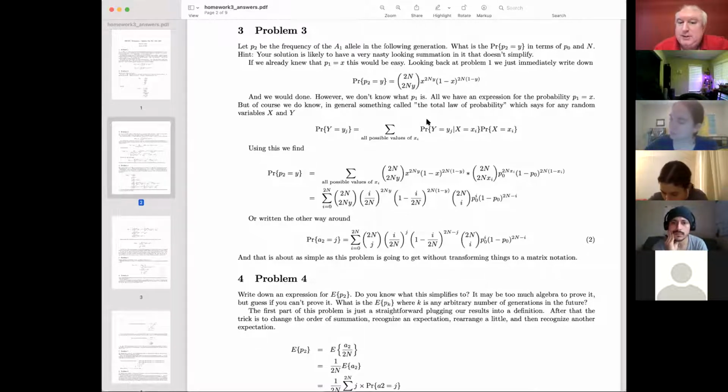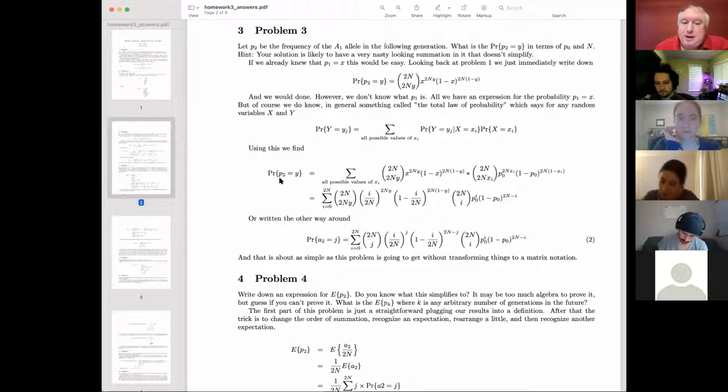That's equal to the probability that y equals yj, given some other random variable x is equal to x1, times the probability that x does equal x1, summed over all possible values of x. So this is more or less Bayes' theorem writ large: the probability that y is some value is equal to the probability it is that value given some other random variable, times the probability of that random variable, summed over all possibilities.